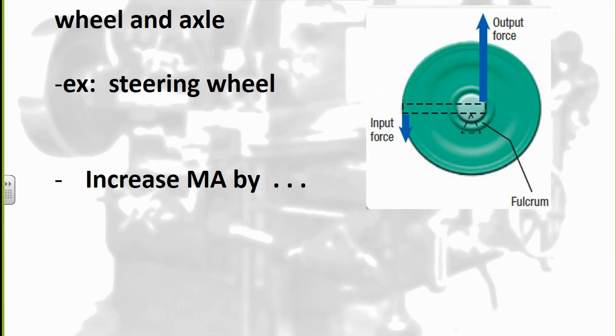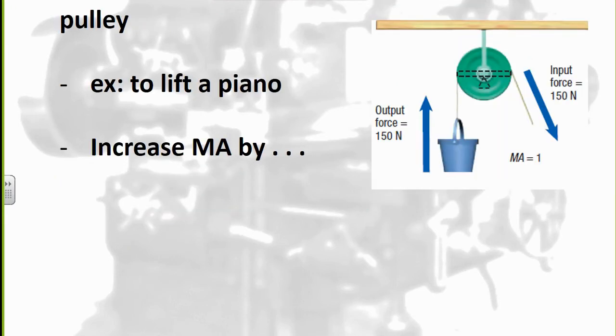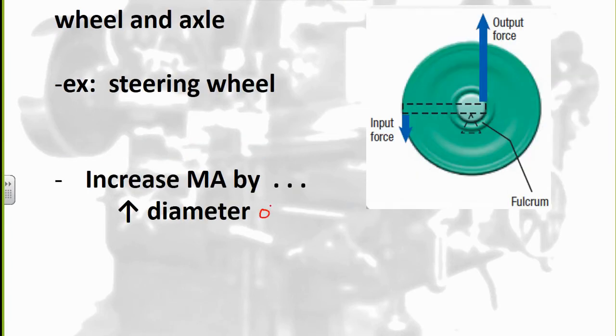Now let's look at a wheel and axle. Okay, the wheel and axle, we've got a steering wheel might be a good example, or the wheel in your car might be a good example. You're going to increase your mechanical advantage by increasing the diameter of your effort. Okay, so in this particular example, if this is a car wheel, then the distance from here to here is going to be my resistance distance, right?